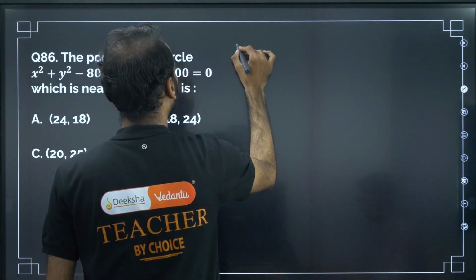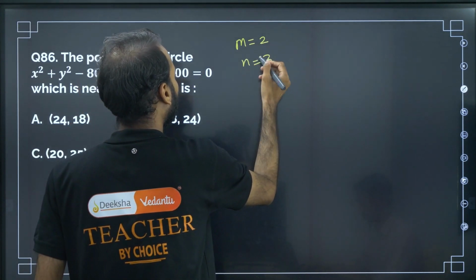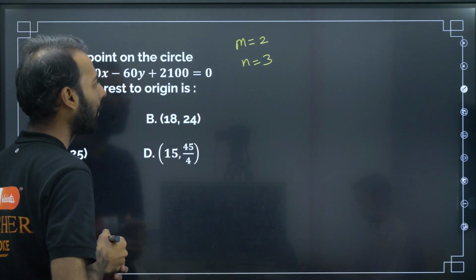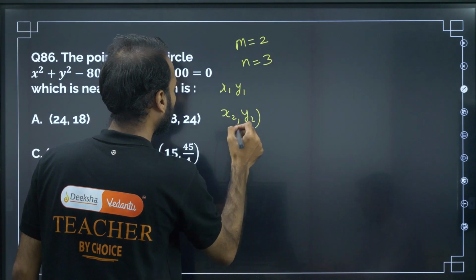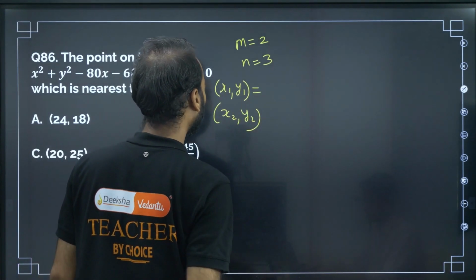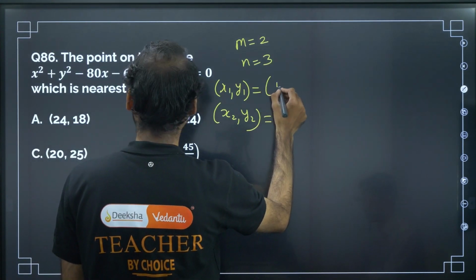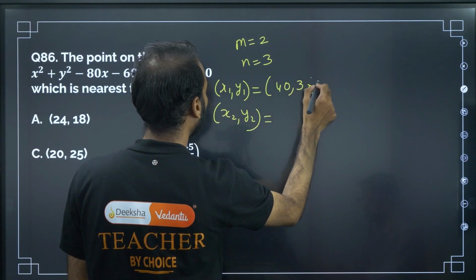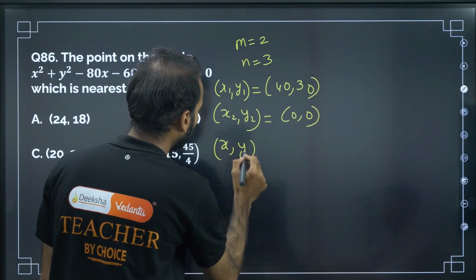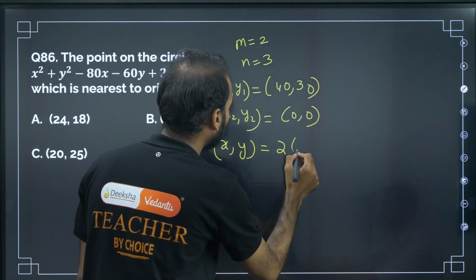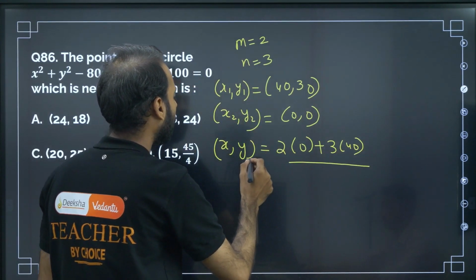We observed m was 2, n was 3, and that point of intersection we were supposed to find. x1, y1 was center, 40, 30, and this was 0, 0.